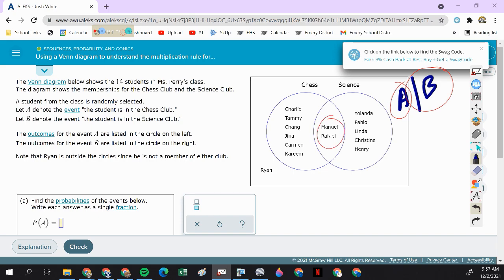So 2 out of 7. This is called conditional probability. A given B is called conditional. The condition is we're restricted to the science club. So 2 of the science club members are also in the chess club, 2 out of 7.